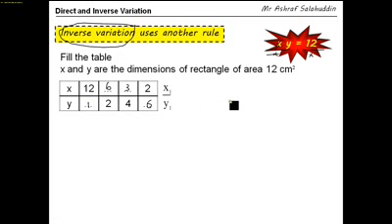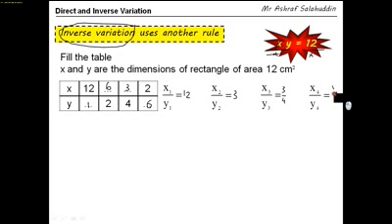If you find x1 over y1, the answer is 12. x2 over y2, the answer is 3. x3 over y3, the answer is 3 over 4. And x4 over y4, the answer is 2 over 6, which is 1 over 3.